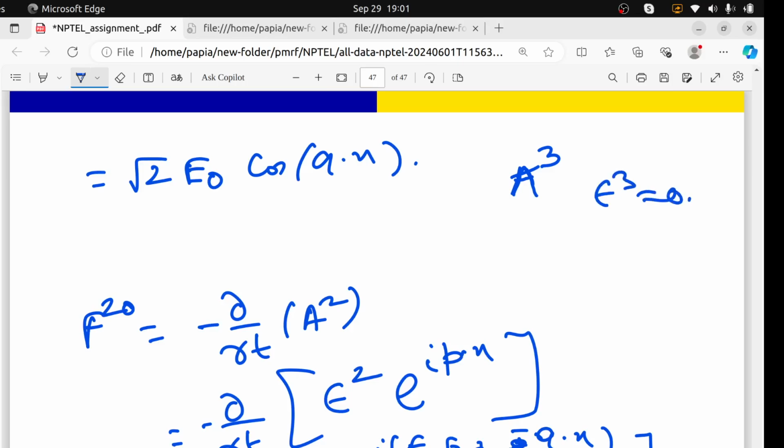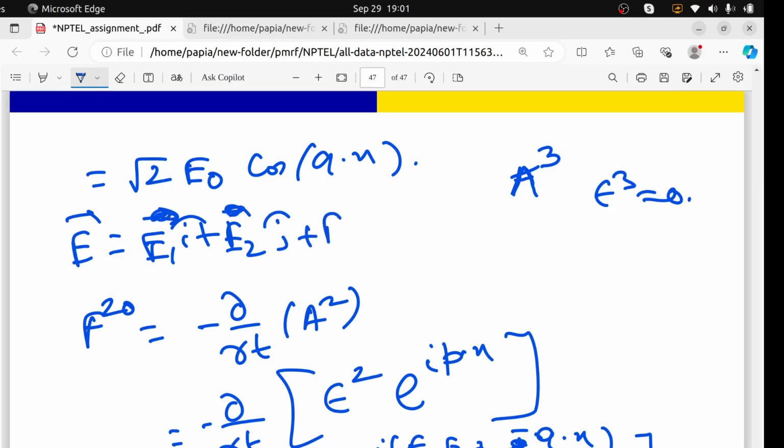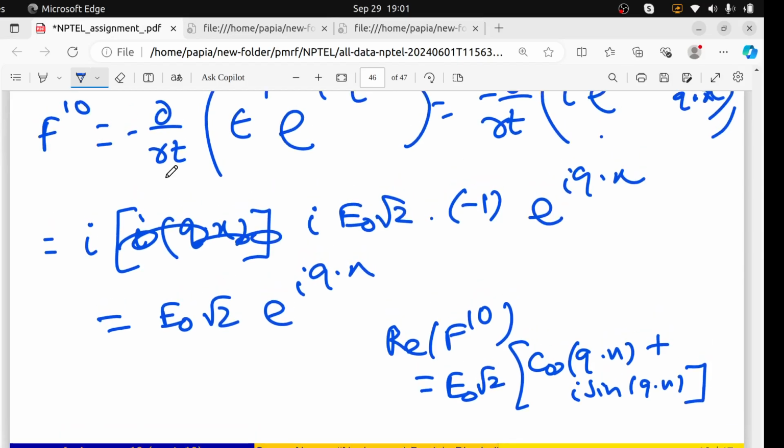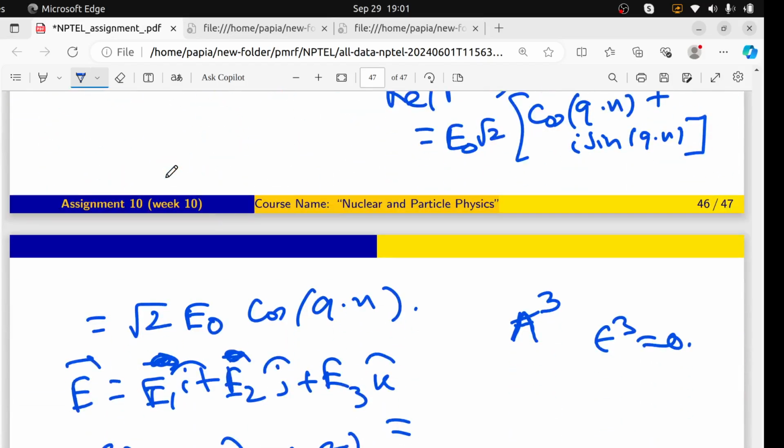Let's see the answer. Epsilon 3 is 0. Okay. Yes. So now E vector will be like E1 I cap, E2 j cap plus E3 k cap. So E1 is E0 cos q dot x.